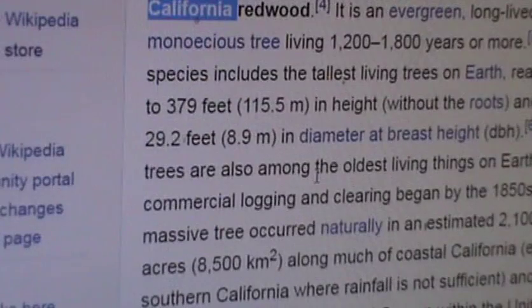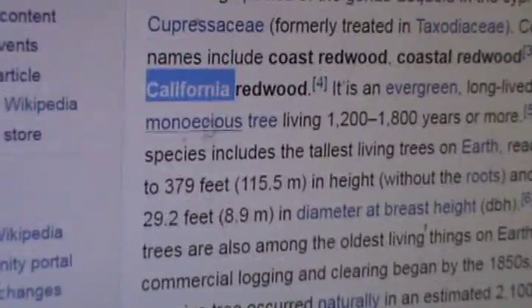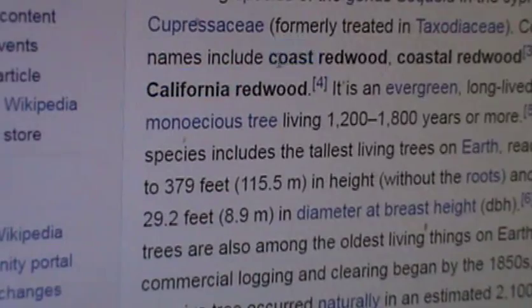Or California redwood. So all of these are screaming out +1.